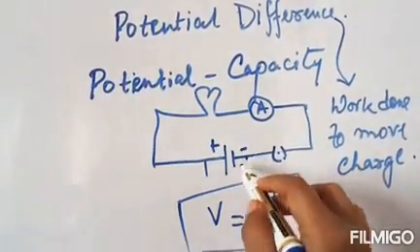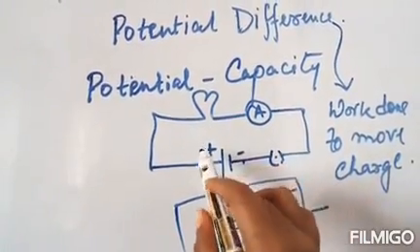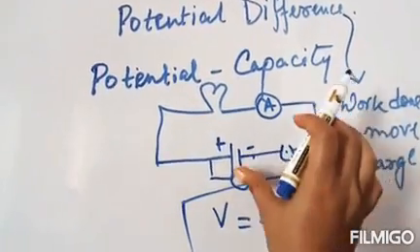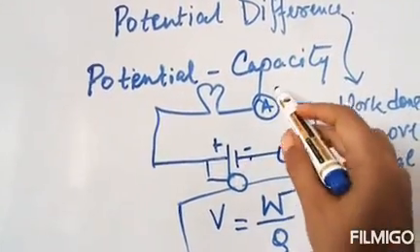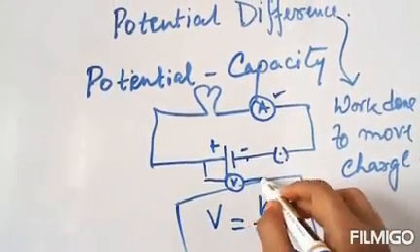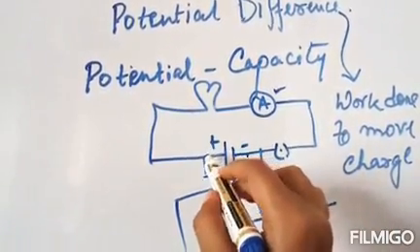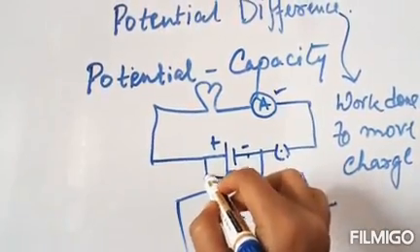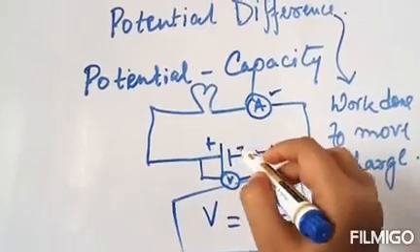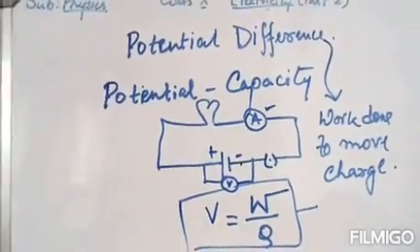Suppose I want to measure the potential difference of this one, so I'll put a voltmeter. To measure current we use an ammeter, for potential difference we use a voltmeter, and the positive end of the voltmeter will always be connected to the positive end of the battery, and the negative end to the negative end of the battery.